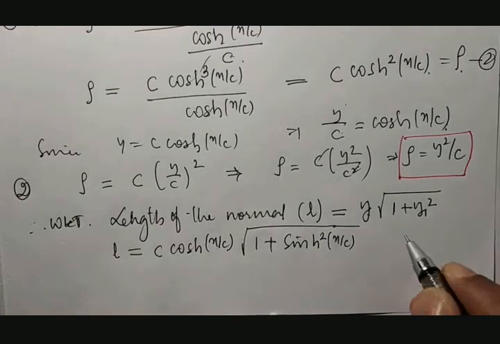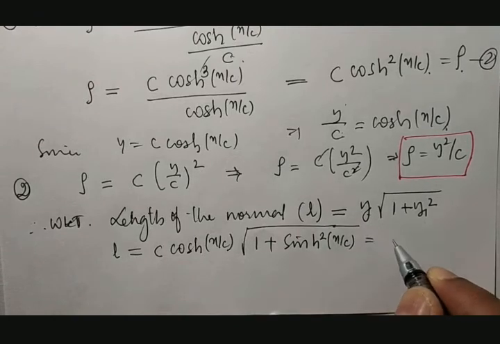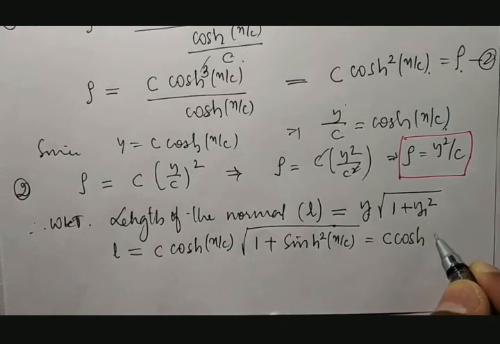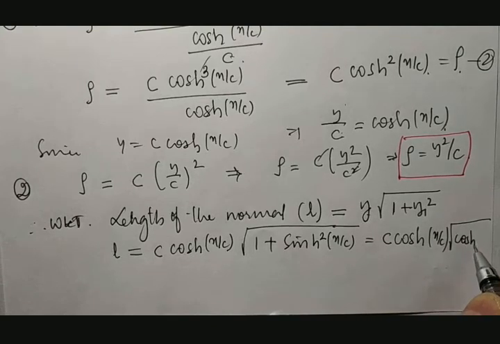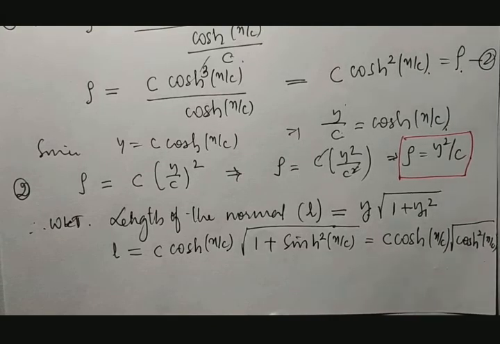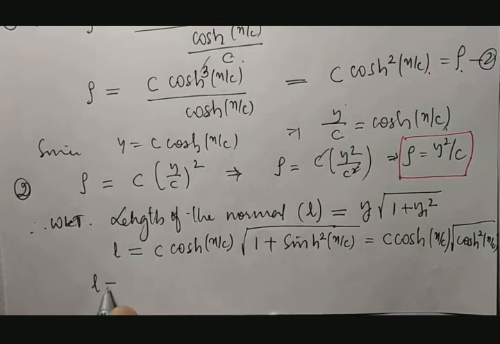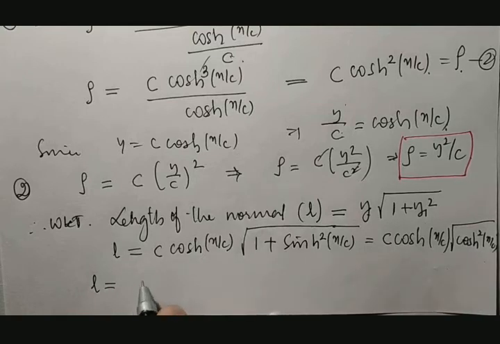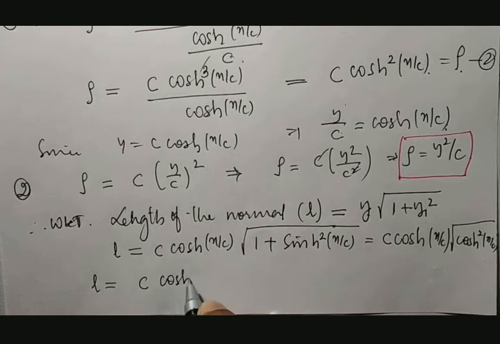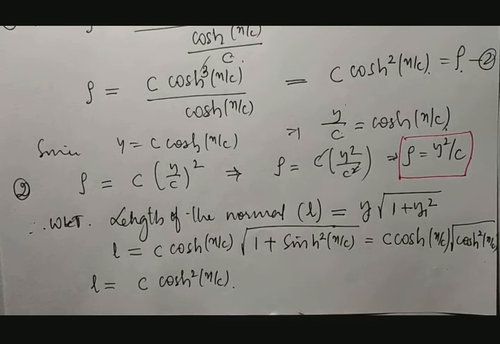So this is c into cos hyperbolic x divided by c into square root of 1 plus sin hyperbolic square, and sin hyperbolic square plus 1 is cos hyperbolic square x divided by c. Therefore L is equal to, here the square and square root are gone, c into cos hyperbolic square x by c.